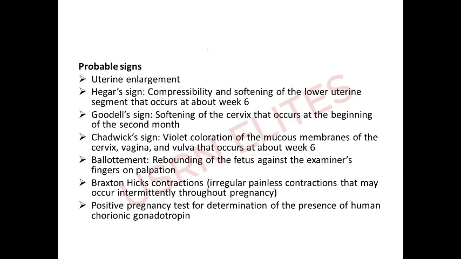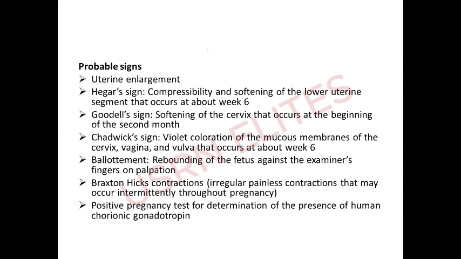So it is not conclusive that if you do your UPT and pick the HCG, you base on it and say that this person is definitely pregnant. That is why when the healthcare provider does the UPT and picks what we call the HCG, they will ask the woman to go and do a further test, or they will do an ultrasound, which is conclusive.